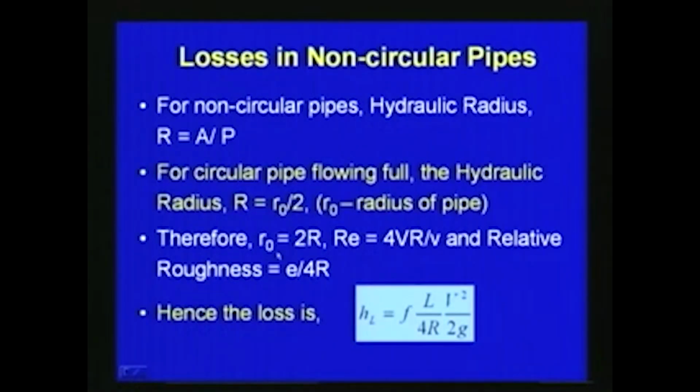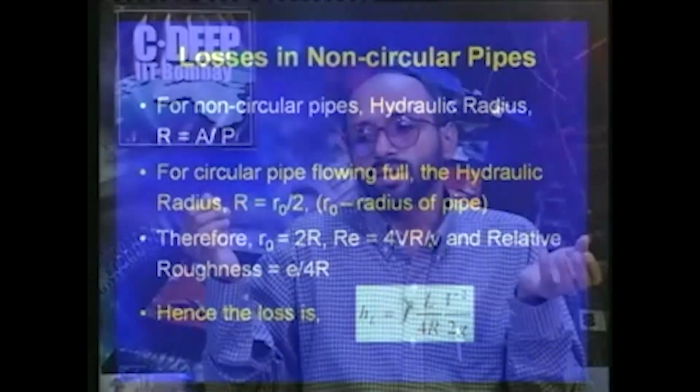So for the given non-circular pipe system, from the hydraulic radius we can get the hydraulic diameter as described here, and then we can directly use it in the calculation of the Reynolds number or the relative roughness. Finally, if you want to find the head loss, we can just substitute into the Darcy-Weisbach equation.